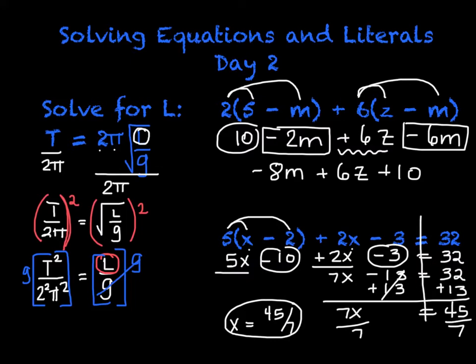One's in the numerator, one's in the denominator. And what I have left on the left side is g over 1 times t squared over 2 squared pi squared. So top times top would be g times t squared over 2 squared pi squared equals L.